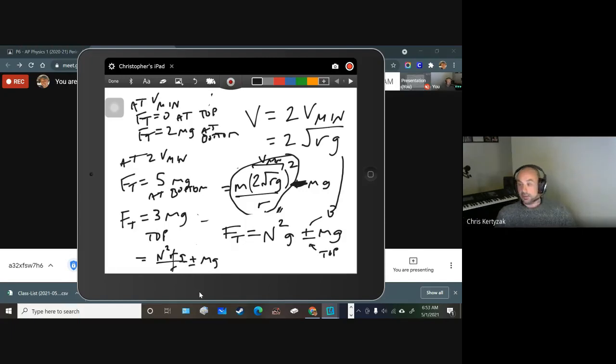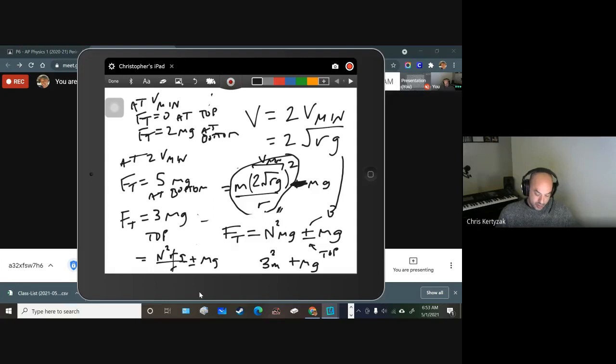So in an example, if you were going 3 times the minimum speed, what would the tension be at the bottom? 3 squared g, and we know at bottom it's a plus mg. That's 9. I'm missing my m there. Yeah, 9 mg. What am I missing? Yeah, sorry. There's an m. I would need an m in this algorithm. N squared times mg. Sorry.